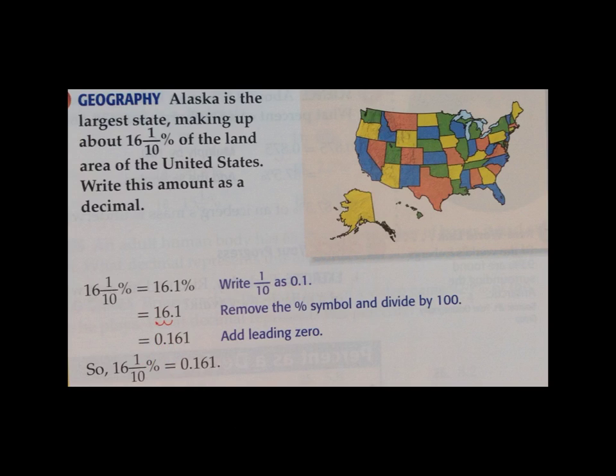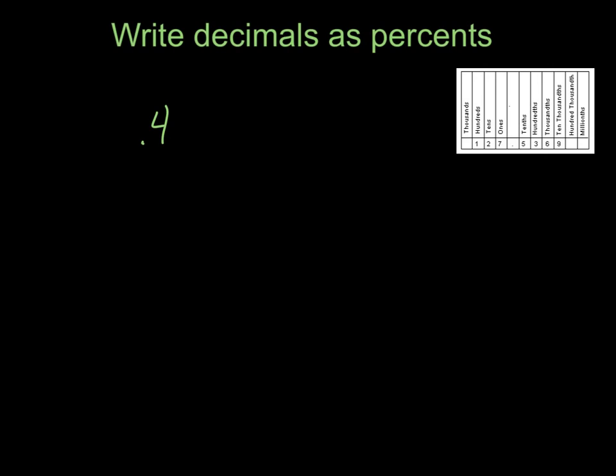When I'm asked to write a decimal as a percent, there are 2 ways I could do that. The first way is to get this into a fraction. 4/10 is the way I say that one, and I know that because 1 place to the right of the decimal is tenths. So 4/10 is written like this. Now, remember, when I'm talking about percents, that means per 100.